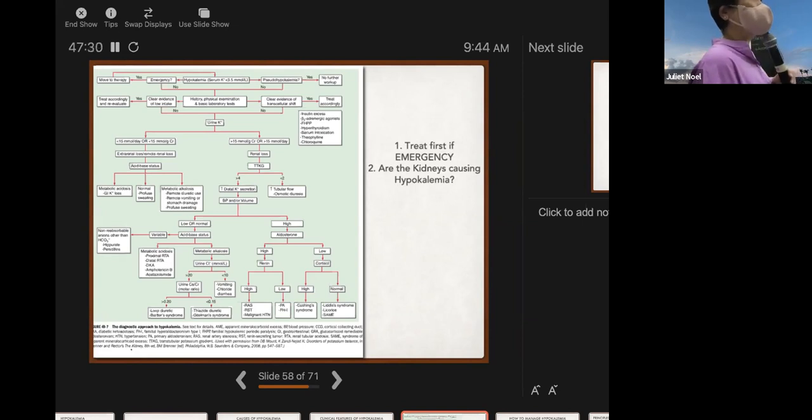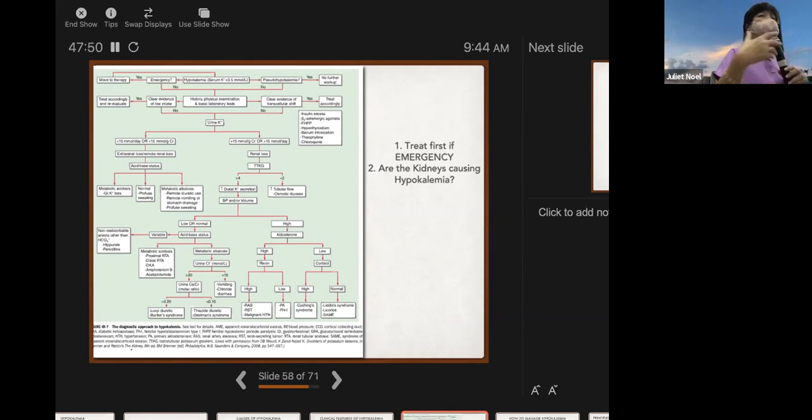If it's more than 15, because the principle of that is that if the kidney is intact and you have hypokalemia, it will try to conserve potassium. So sometimes you can just see 2, 3 mEq.